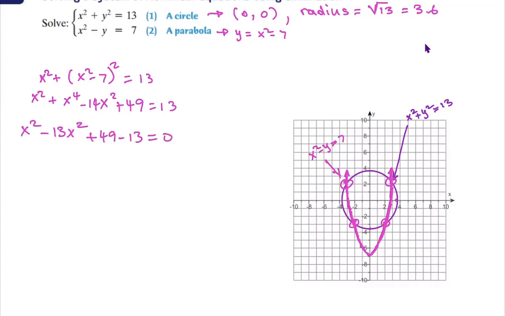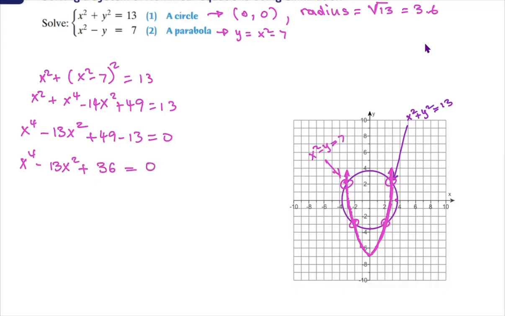Right? So 49 minus 13 is 36. So that is x to the fourth minus 13x squared plus 36 equals 0.